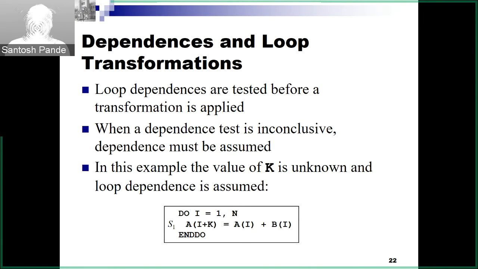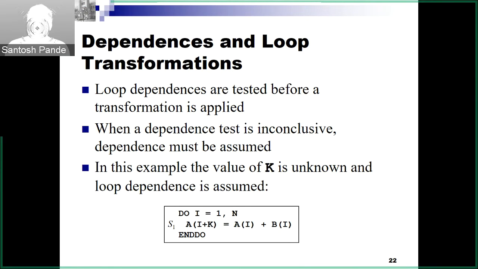So let us look at the inherent problem of dependence analysis even if we had the most perfect dependence tests. As you can see in this particular simple loop nest, if we have something which is unknown at compile time, then what are we going to do? You can see that A[I+K] = A[I] + B[I]. So in this particular case, if K is equal to 0, obviously there is only intra-iteration dependence.